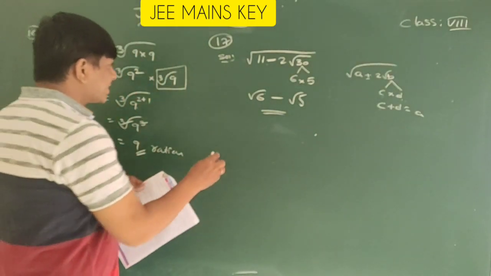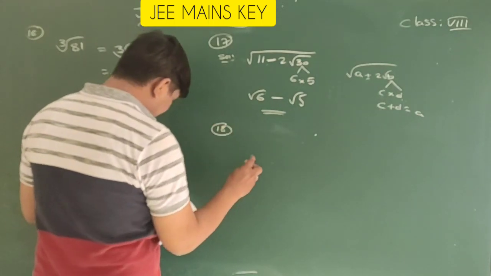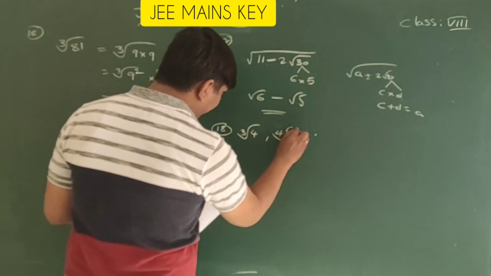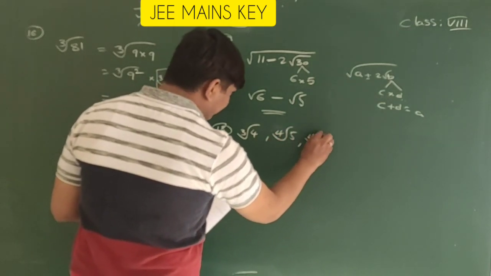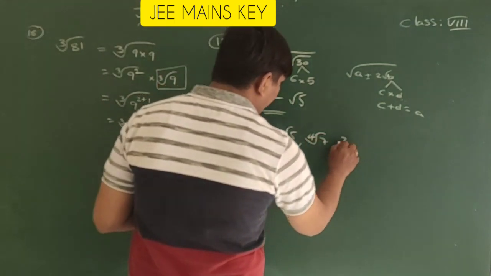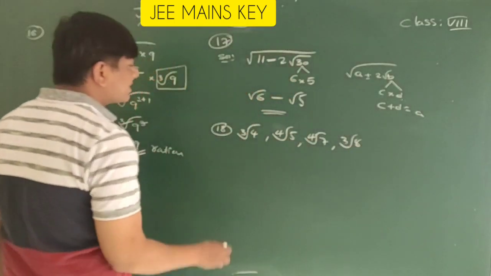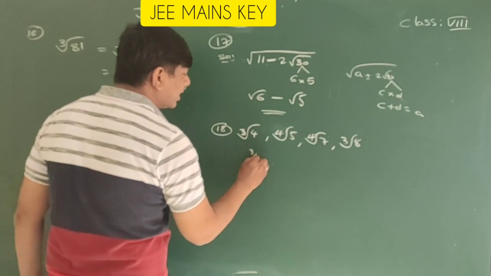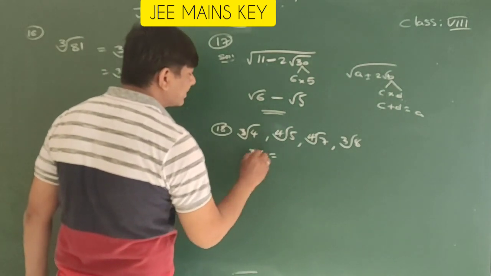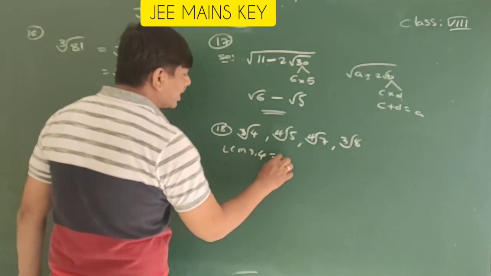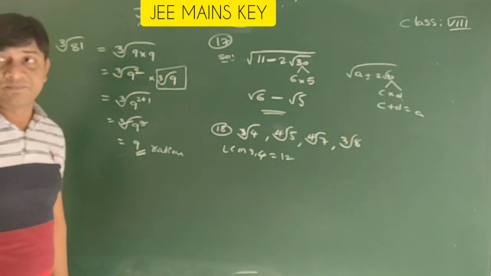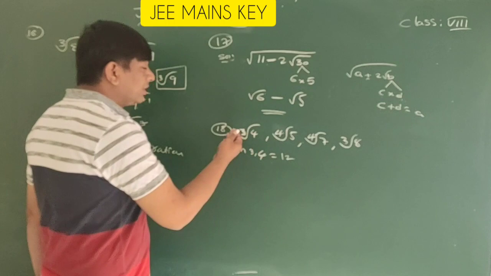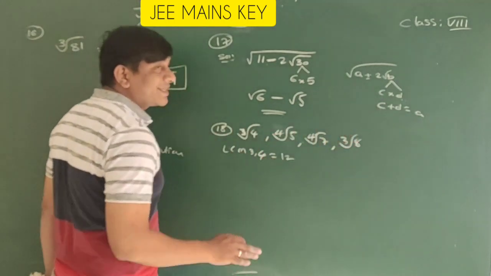Next, the smallest number among the cube root of 4, fourth root of 5, fourth root of 7, cube root of 8. First of all, find the LCM of these orders. LCM of 3, 4 is equal to 12. Now make the orders equal.